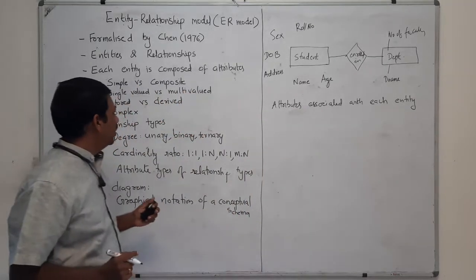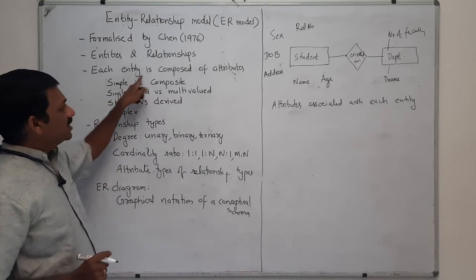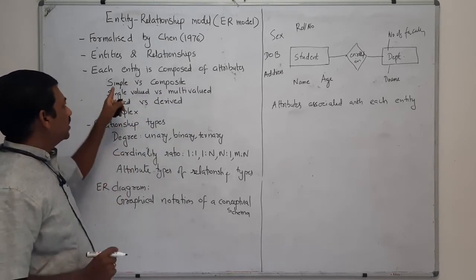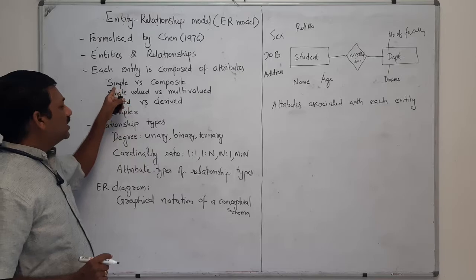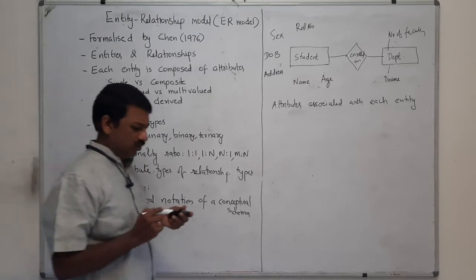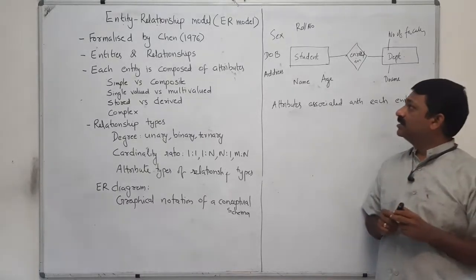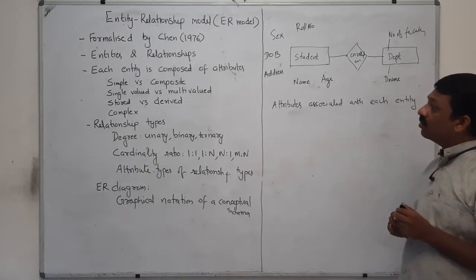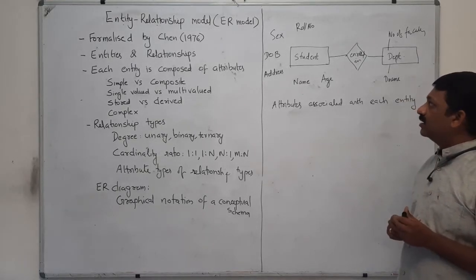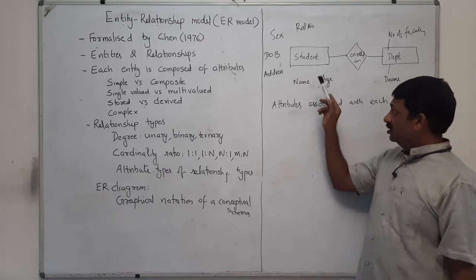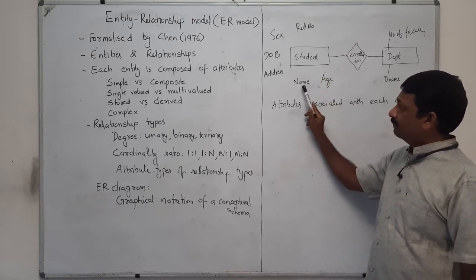Okay. Now, each entity is composed of attributes, and each attribute can be simple or composite. That means, for example, this student has a name.